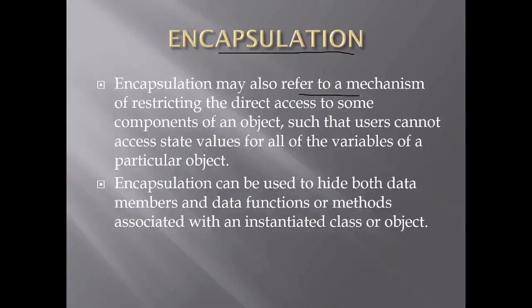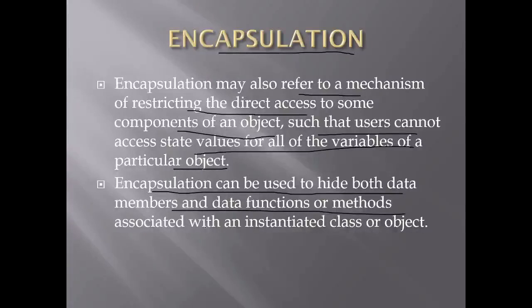Encapsulation may refer to a mechanism of restricting the direct access to some components of an object, such that users cannot access state values for all of the variables of a particular object. So only for the values for which access is given can they access. Encapsulation can be used to hide both data members and data functions or methods associated with an instantiated class or object.